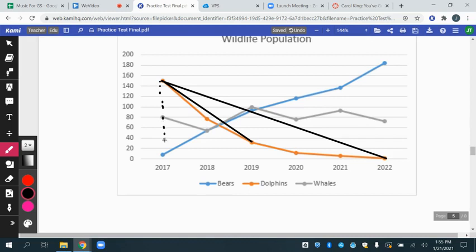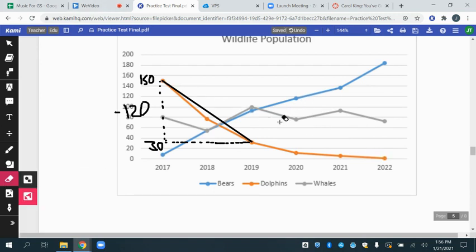During these 2 years, it goes from 150 down to 30, which is down 120 dolphins. They lost 120 dolphins of their 150 in the first 2 years, which makes sense because the line's really steep.